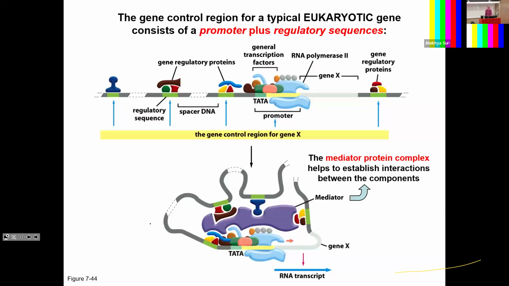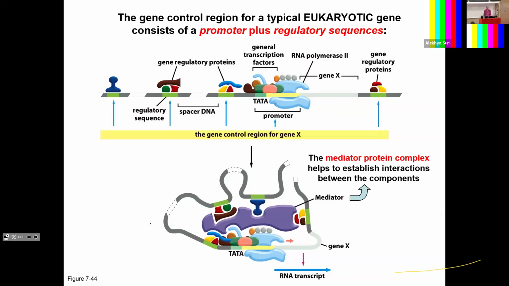This is also a large protein complex that causes all these different transcription factors bound to the DNA to come together in a focal point to activate the RNA polymerase. So you want to know the mediator complex, what does it do? It makes the connections between all these transcription factors bound to the DNA, so they come together.